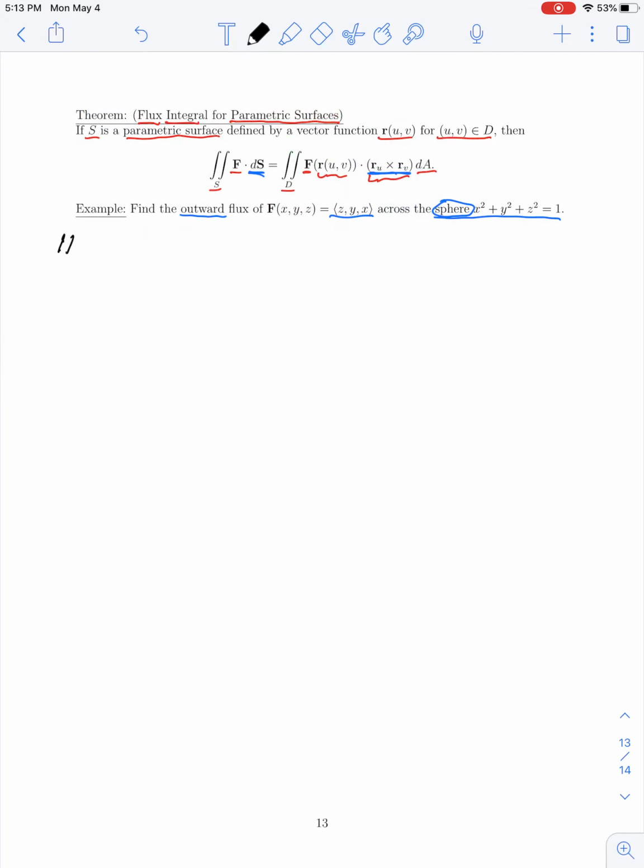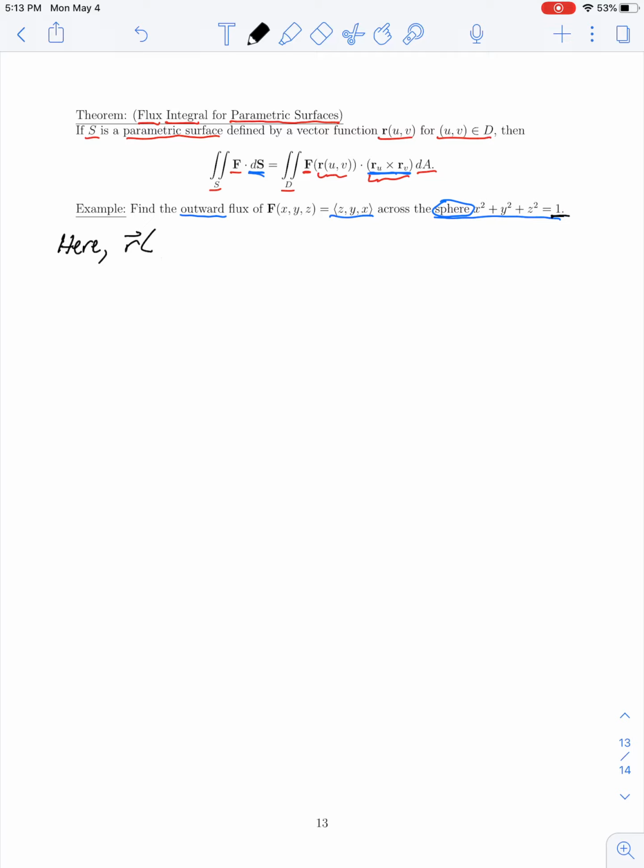So let's say we could parameterize our surface S as a vector function r in terms of spherical coordinates rho, phi, and theta. And since we have a sphere of constant radius 1, our rho value will be 1 throughout.